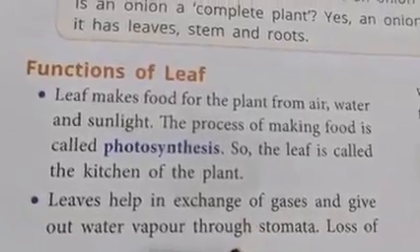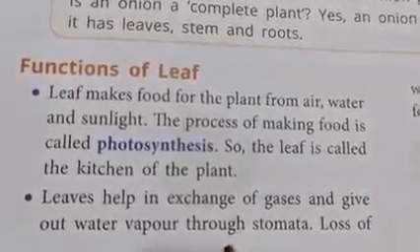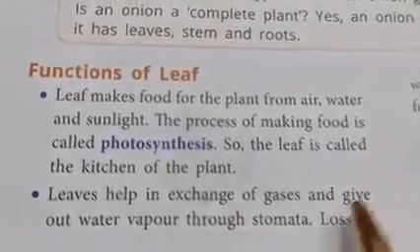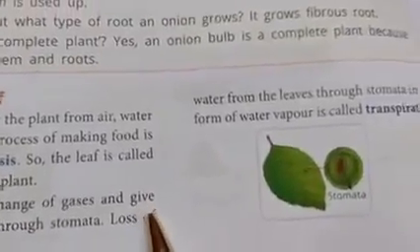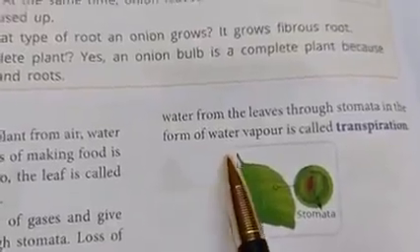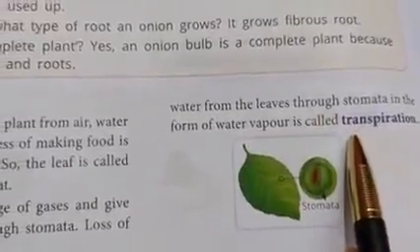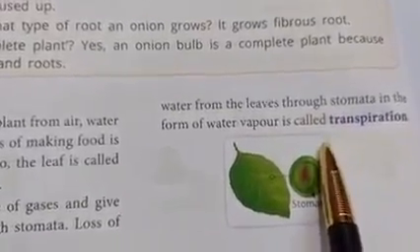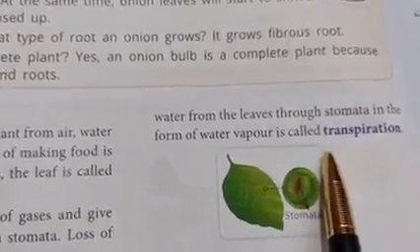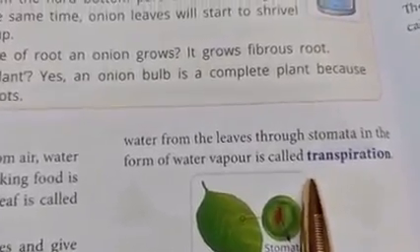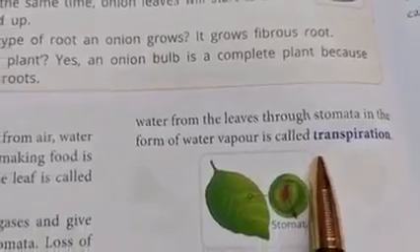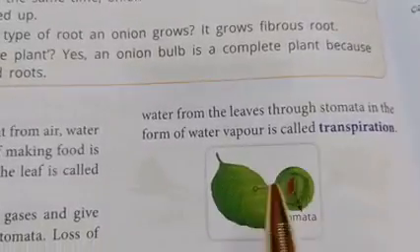Leaves help in the exchange of gases and give out water vapor through stomata. Loss of water from the leaves through stomata in the form of water vapor is called transpiration. So what is stomata, children?